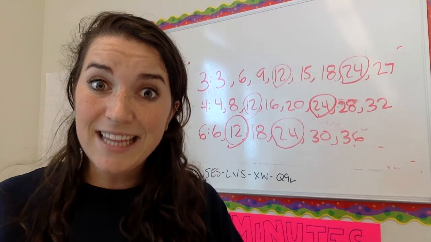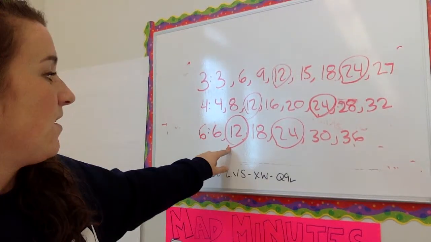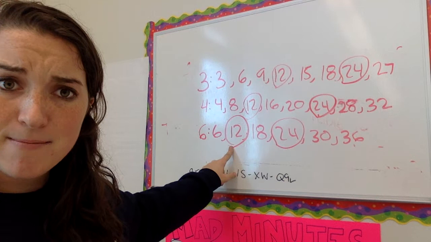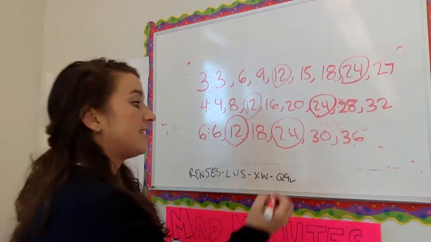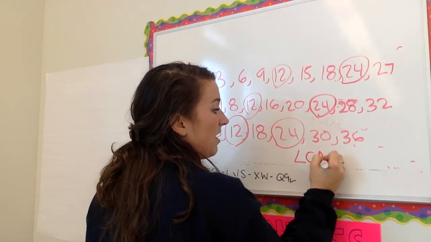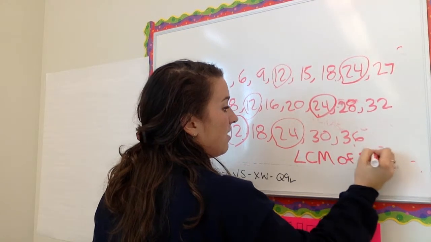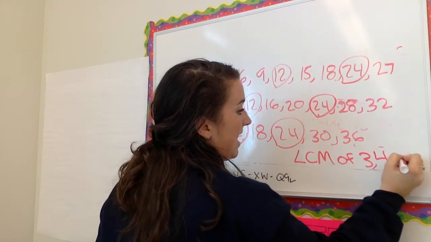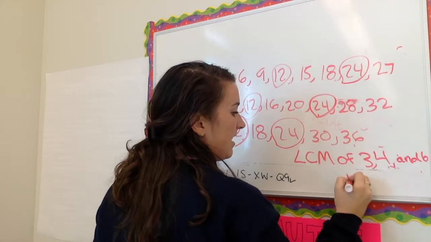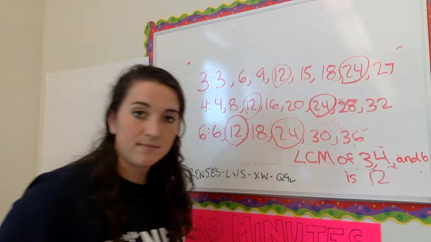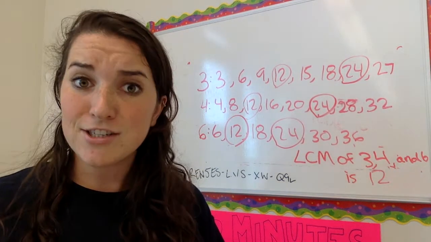But we're looking for the least common multiple. So the smallest multiple that they have in common is 12. So the LCM of 3, 4, and 6 is 12. So our answer is 12.